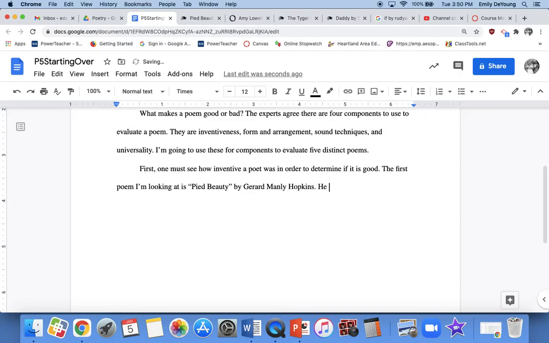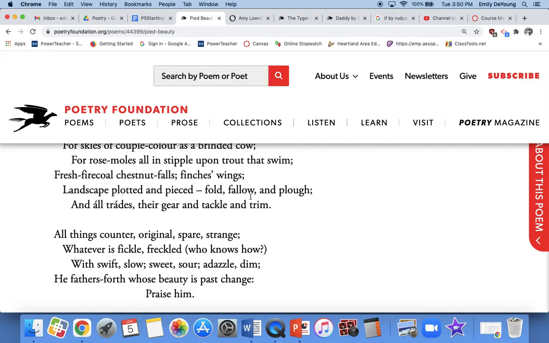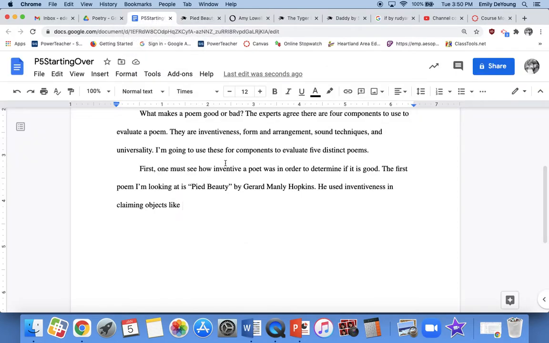He used inventiveness in claiming objects like, and then I need to go to find my example. I'm going to find like the most outrageous one. Rose moles all in stipple upon trout. We'll go with that one. Because moles on trout, fish, is kind of gross.